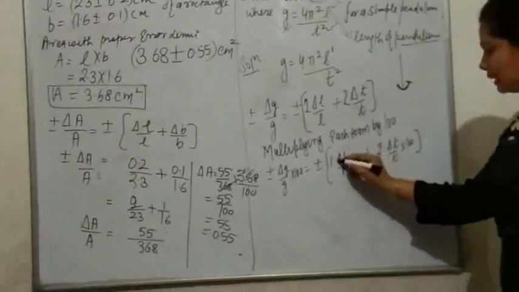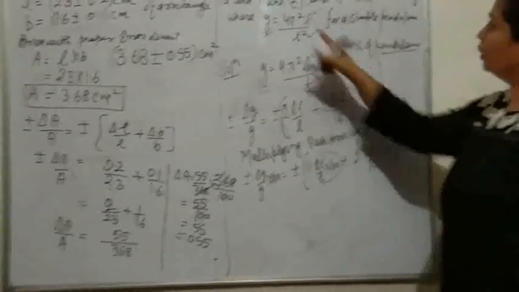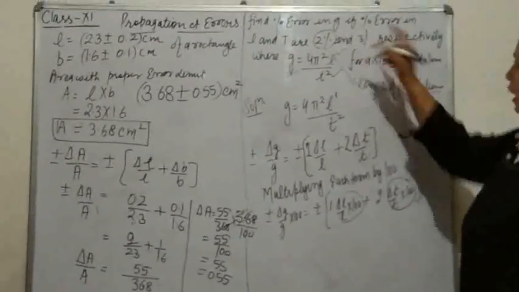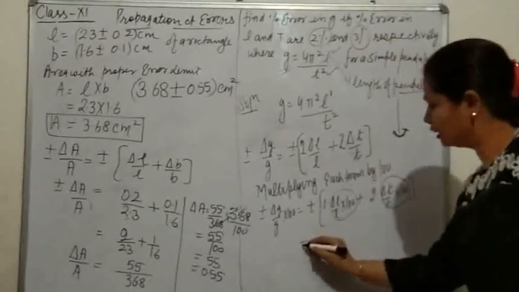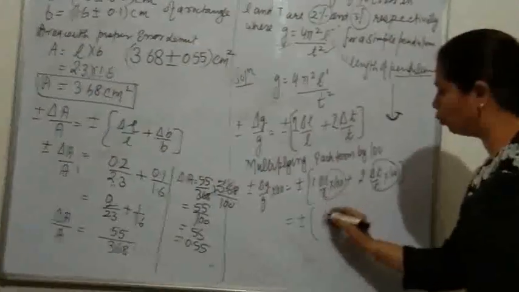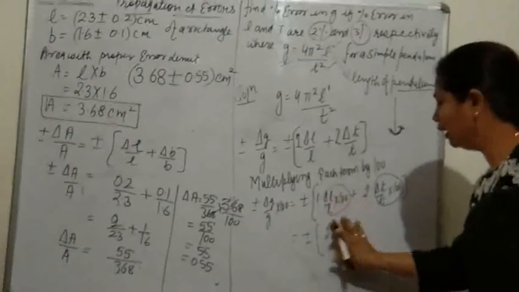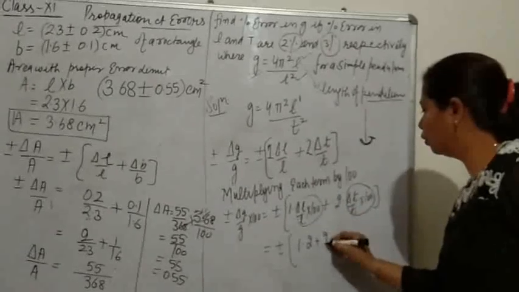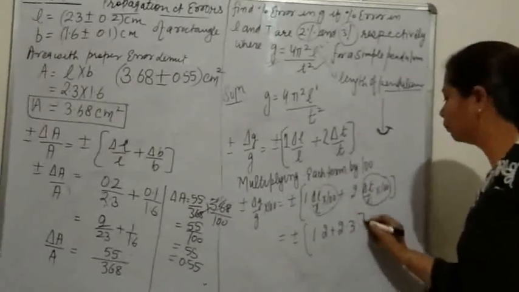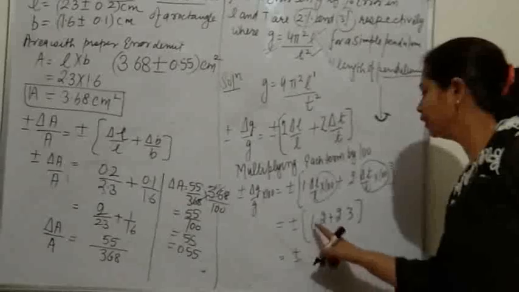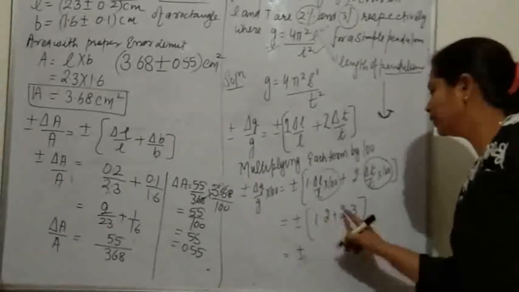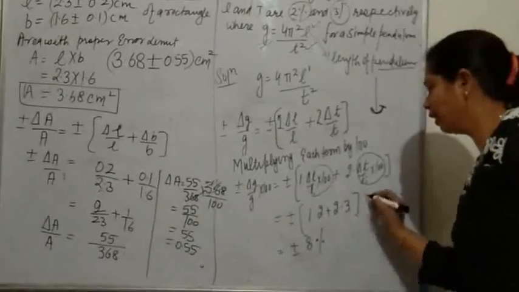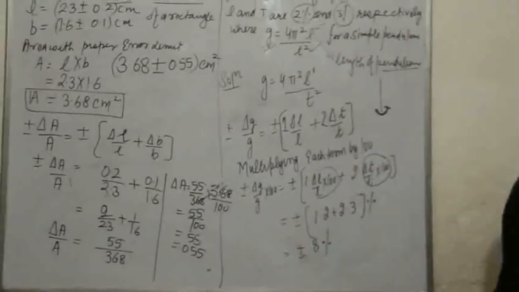Now percentage error in length is given to you, that is 2%, and percentage error in time is given to you, that is 3%. After substituting the given values, you will get plus minus 1 into 2 plus 2 into 3, that is 2 plus 6, that will be equal to 8, and we are having the result in percentage, so the result is 8%.